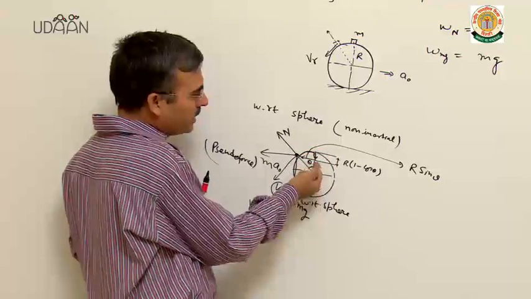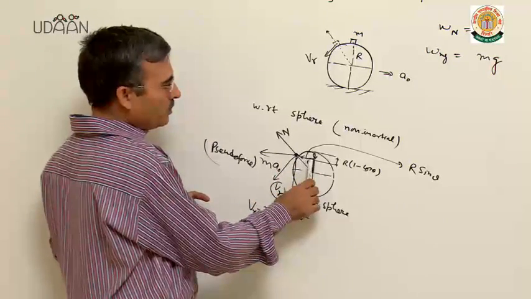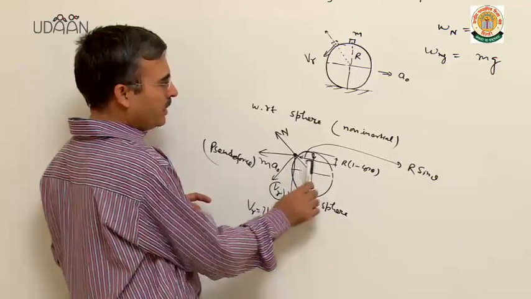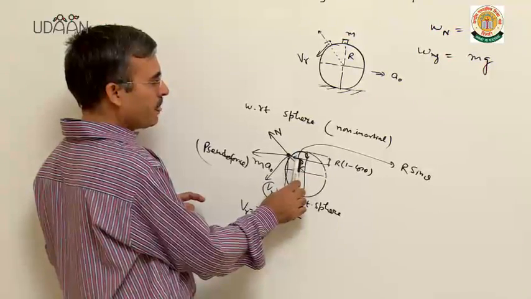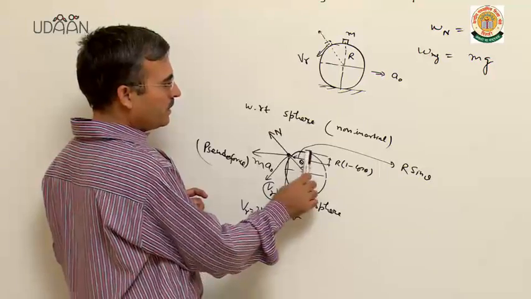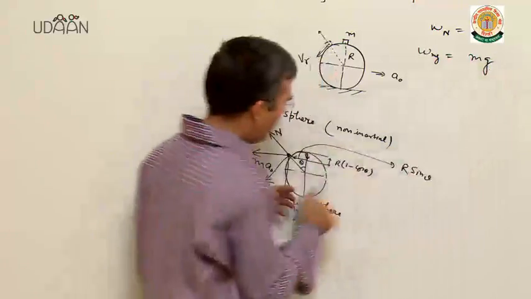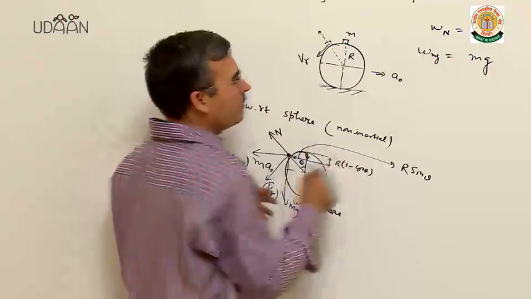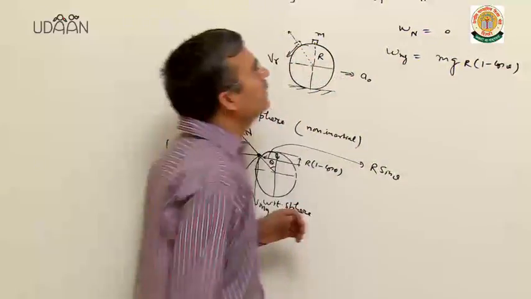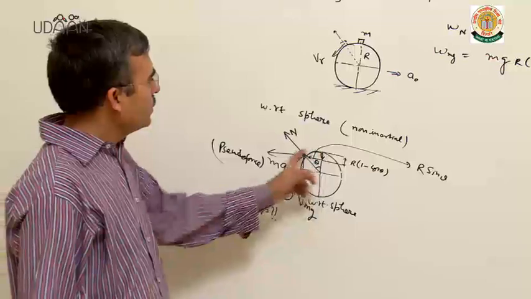One component of displacement is this way and one is this way. Work done by mg will be 0 for the horizontal component because the angle between mg and horizontal is 90 degrees. Then vertical displacement is downward, mg is also downward, so work done will be positive, and that displacement is r into 1 minus cos theta. Clear? This is work done by mg for this situation.